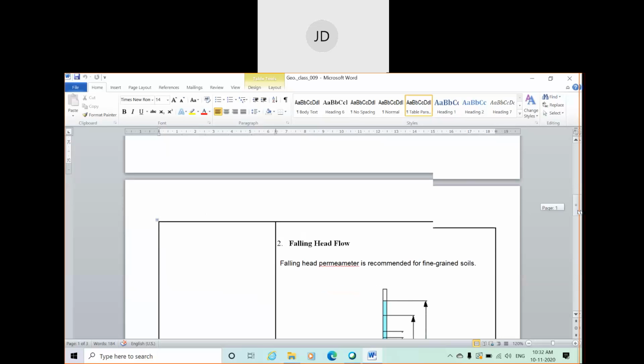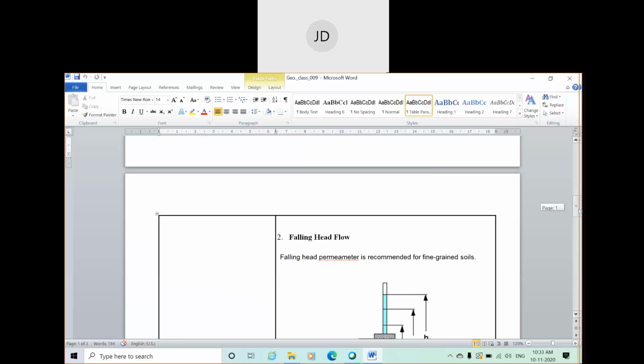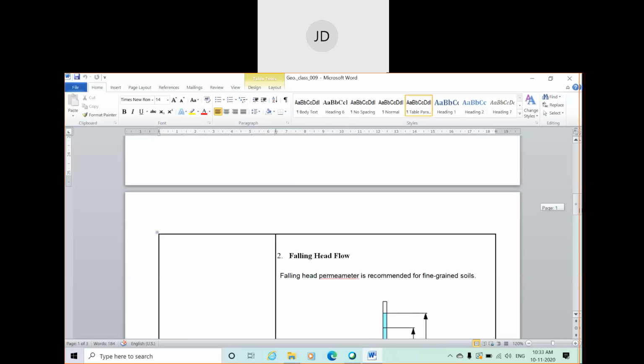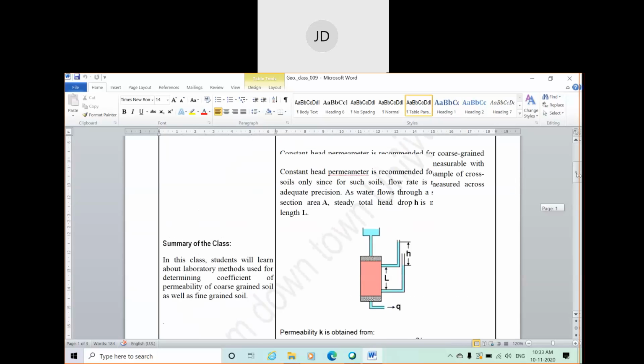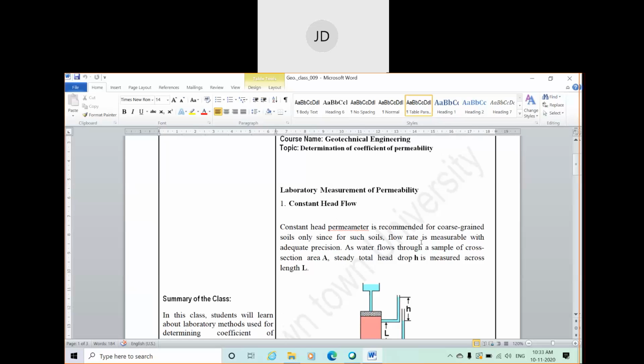The difference between fine grained and coarse grained soil should already be clear from the last module; if you still have doubts, you can go back to the previous class notes or recording. Likewise, the constant head permeability test is recommended for coarse grained soil. This is the basic difference between these two tests.